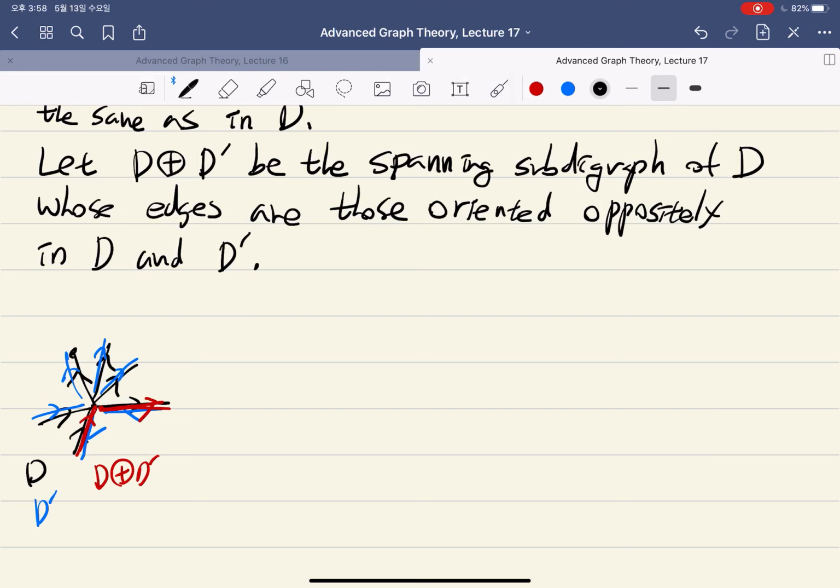Then what do we know? This is actually a circulation, because we know this: D and D prime have the same out degree for all vertices.